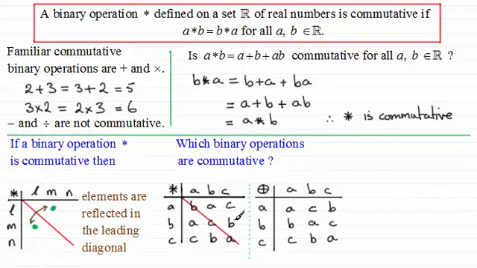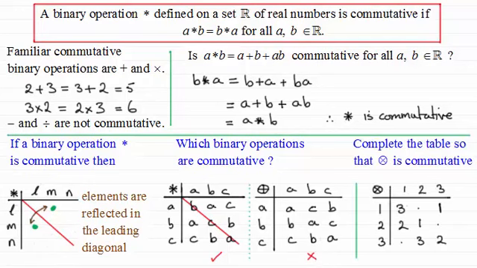Same with C, and the same with B. So this particular table is commutative. So just tick that, okay? When we look at this one here, it's not commutative because, for instance, if I've got a B here, I haven't got a B in this position. And similarly, I've got the B here, I haven't got the same letter here, whether it be two C's there or 2 B's. So this is not commutative.